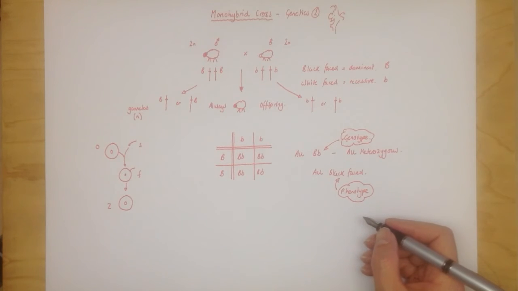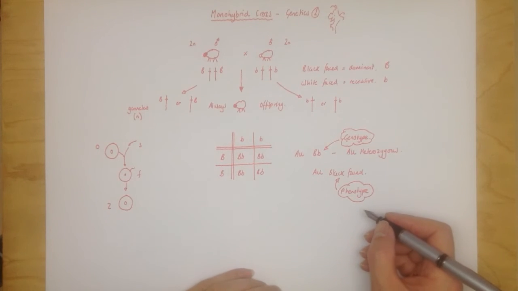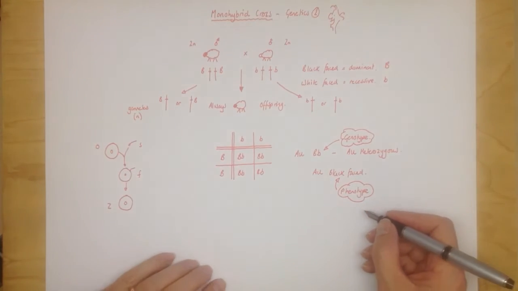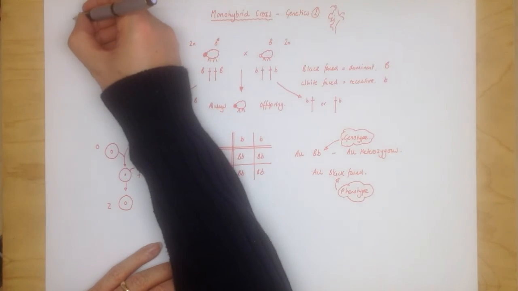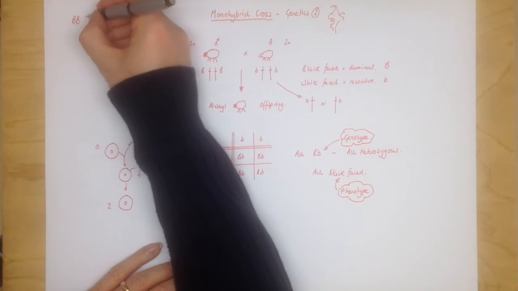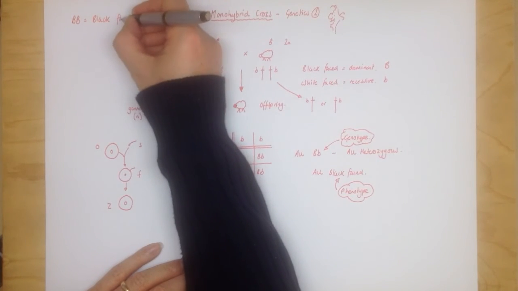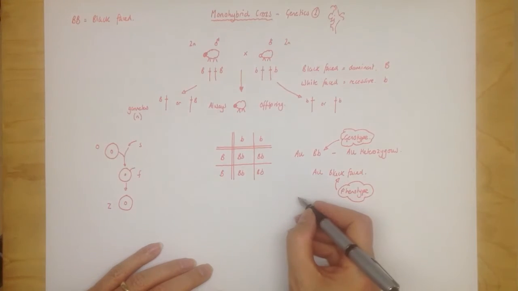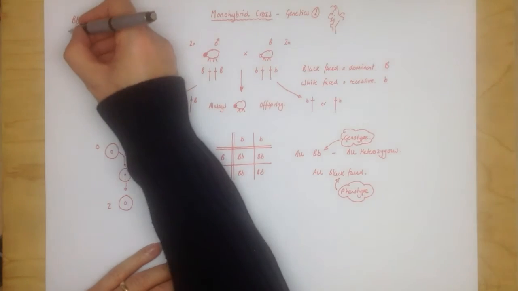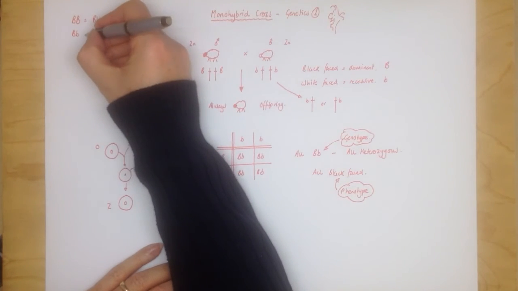Now, you can see that you can get two different forms of black-faced sheep. You can either be like the original father, which is black-faced, or you can be like the offspring, which are black-faced.